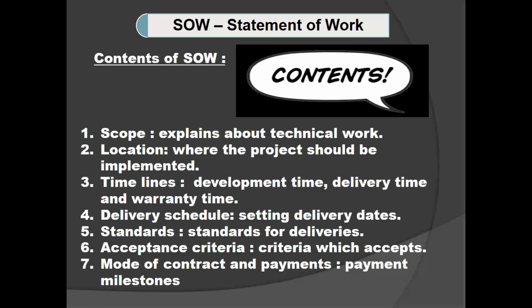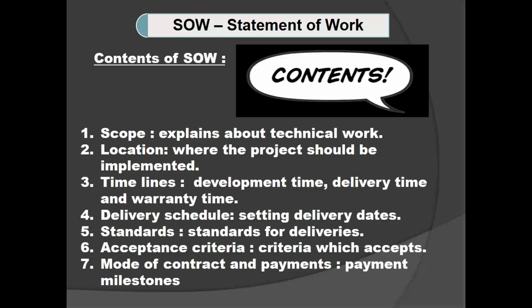Okay. So under scope, we will explain what kind of technical and hardware work we have to do. So that is scope. Like what kind of work we have to do.